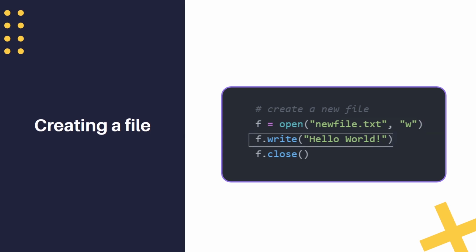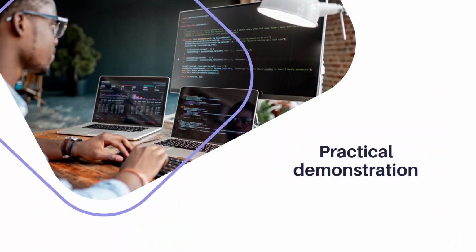We then write some string to the file, and then we can close that file if we do not specify the with keyword. How this works is that the write operation will create a new file and write the data to the file if the file does not exist. However, if the file does exist, as we've already specified before, any previous existing data in that file will be overwritten.